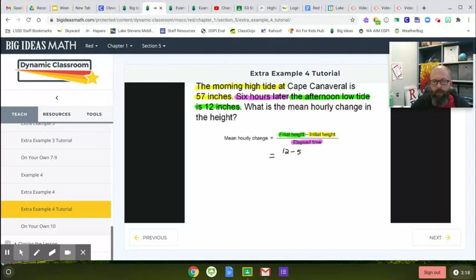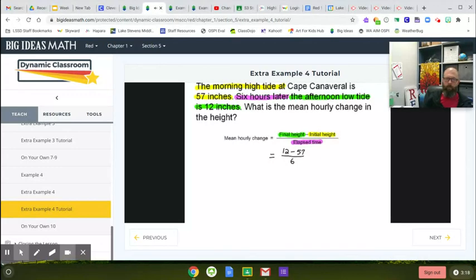Because you are dividing the difference of 12 and 57 by 6, find the difference first. When you subtract integers, you add the opposite. So 12 minus 57 is the same as 12 plus negative 57, which is negative 45.